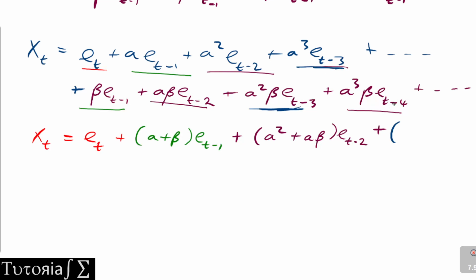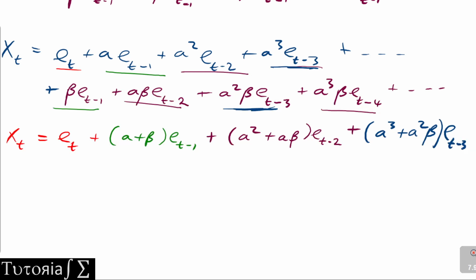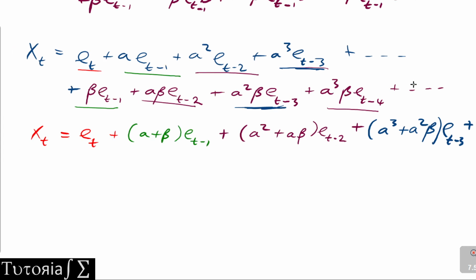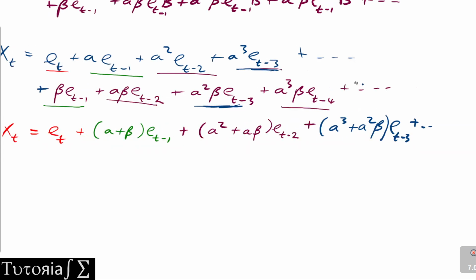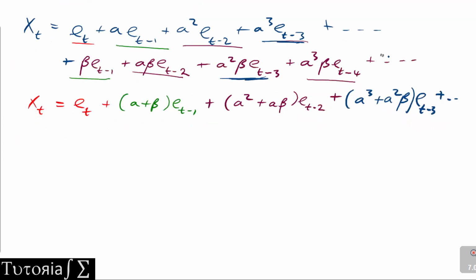So we're going to have (a^3 plus a^2 beta) e_{t-3}, plus so on. Okay, hope you can see that.